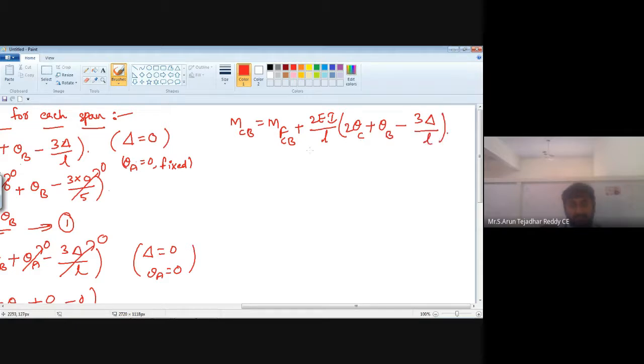So in this equation, theta C is 0 because it is fixed, delta is not given, so 0, and theta B is unknown, so question mark.